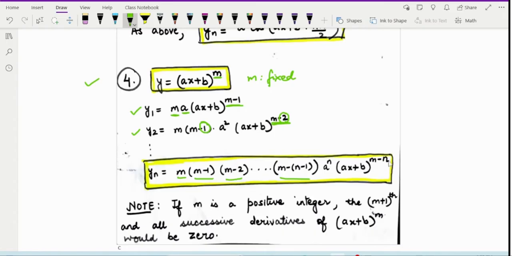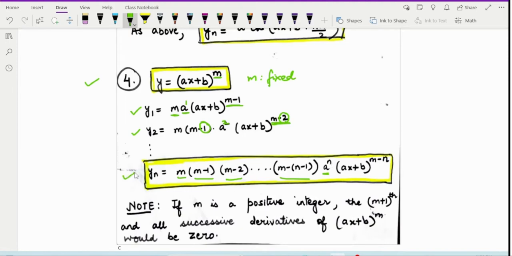Since you are getting m minus n here, you will have m minus n minus 1 here, and the power of a will be n, because at the first stage it's a to power 1, at the second stage it's a to power 2, at the third stage it's going to be a to power 3, so at the nth stage it's going to be a to power n.